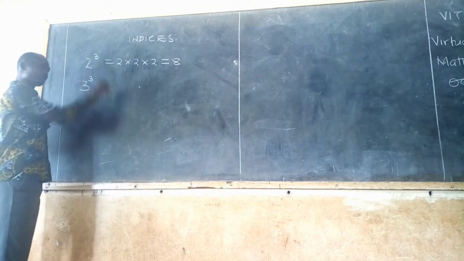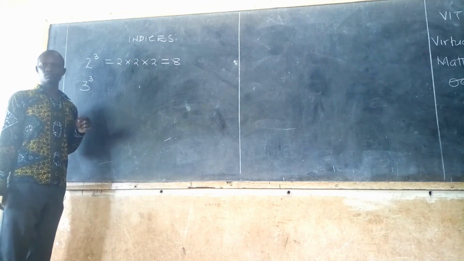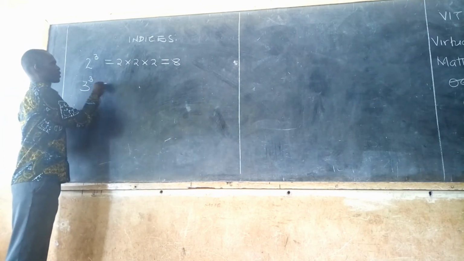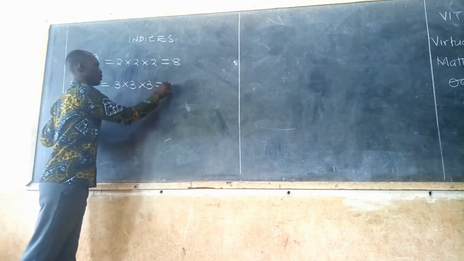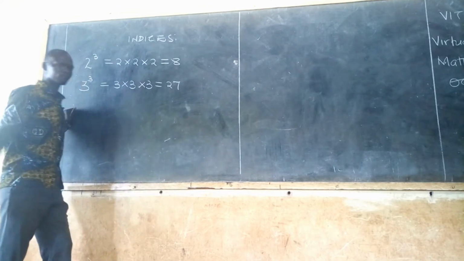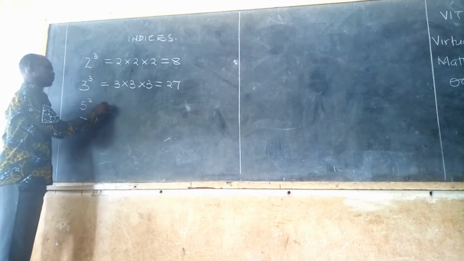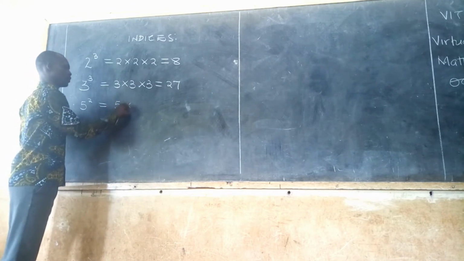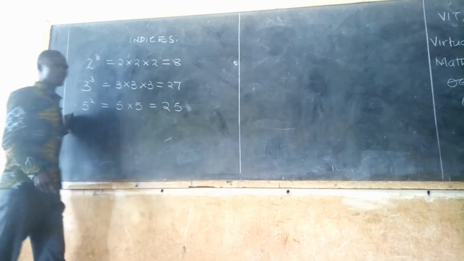3 cubed. I've given many learners this and they give me 9. That is wrong. It is 3 times 3 times 3, which should give me 27. In the same manner, 5 squared should be 5 times 5, which gives us 25.